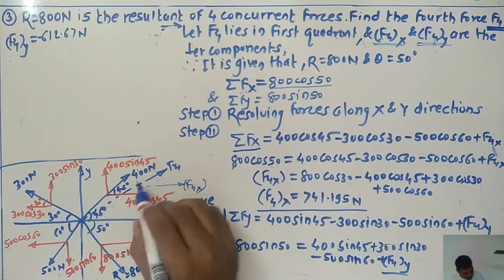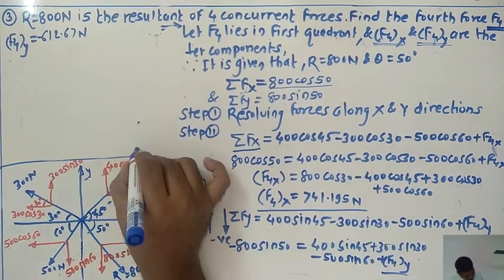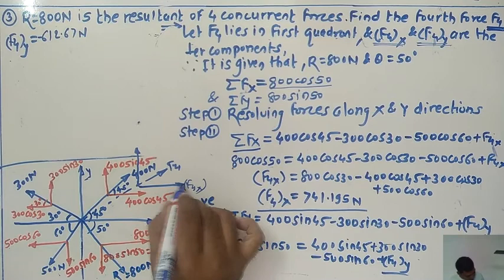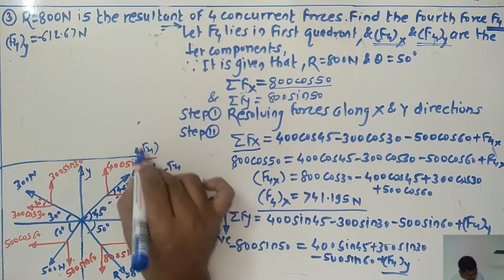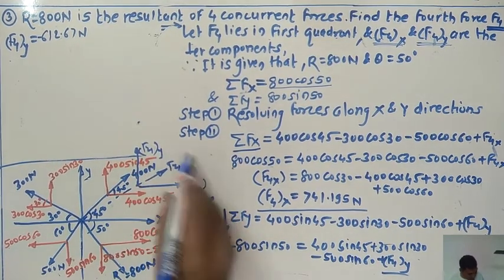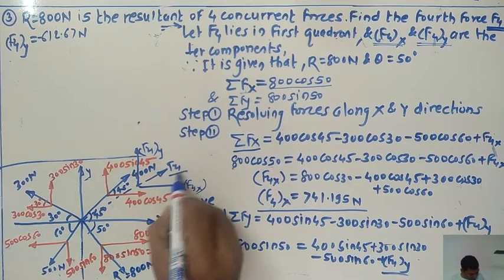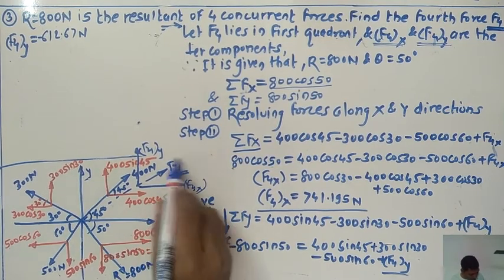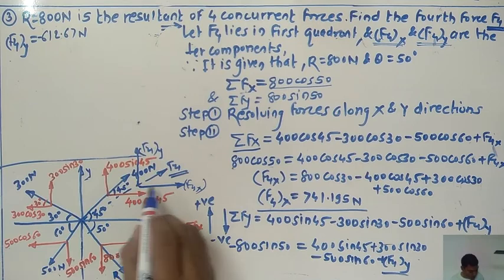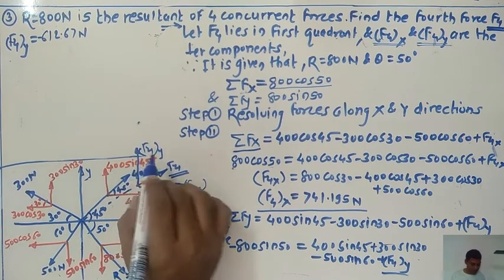Very important to understand what this indicates. If you look at this picture, what does F4y indicate? If you look at this small portion, F4 is nothing but the resultant of the F4x component and F4y component.